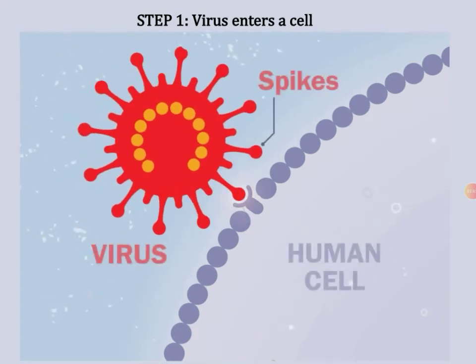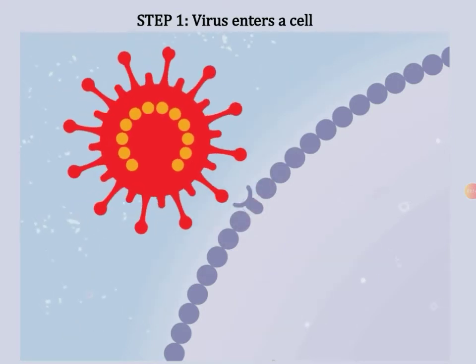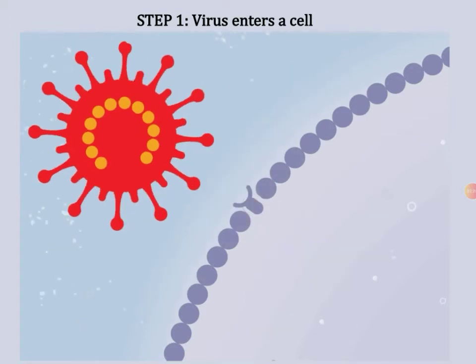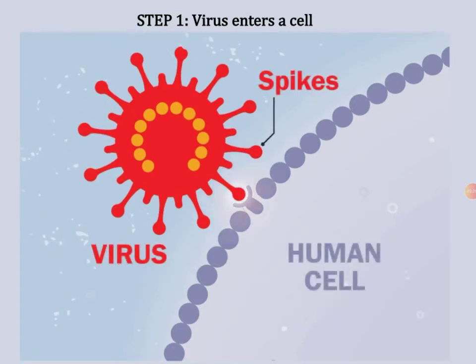Here is a look at how the COVID-19 virus propagates in the human body. Virus enters a cell. Viruses cannot multiply without using a cell's protein-making machinery, so they first need to gain entry into the healthy cell. Coronaviruses like the one that causes COVID-19 have a coat of spiky protein that allows them to bind to the cells.